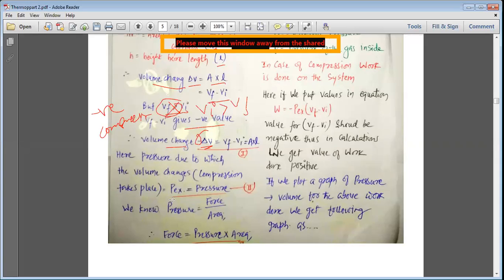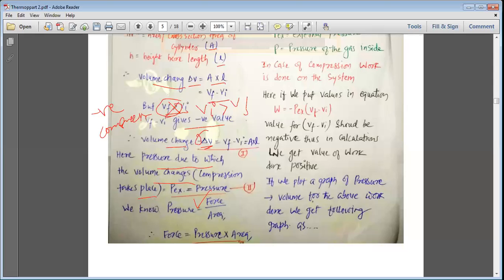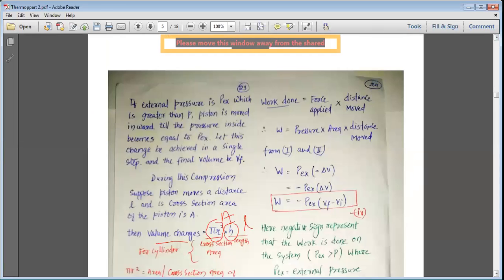Then, my dear students, the pressure due to which the volume changes or compression takes place is P external, and we know that pressure is equal to force by area. That is why the force that we apply is pressure multiplied by area. So work done is equal to force applied multiplied by distance moved. The force applied is equal to pressure multiplied by area, and distance moved is the distance moved.